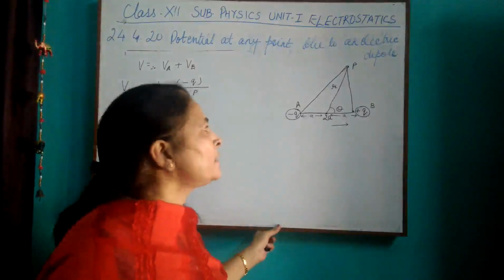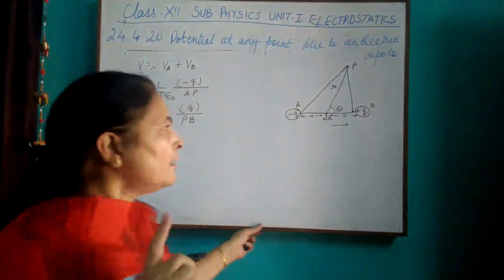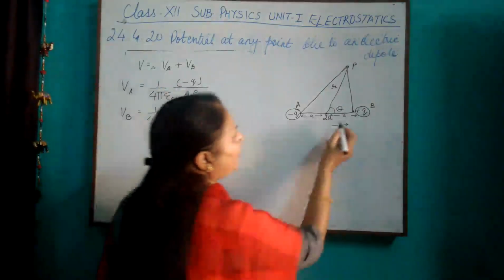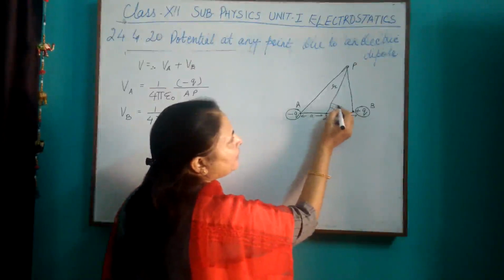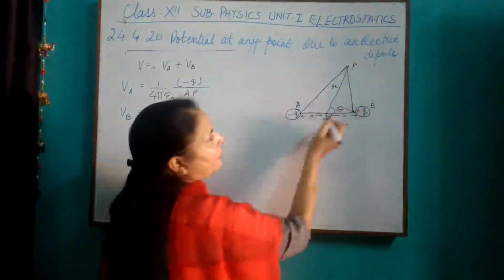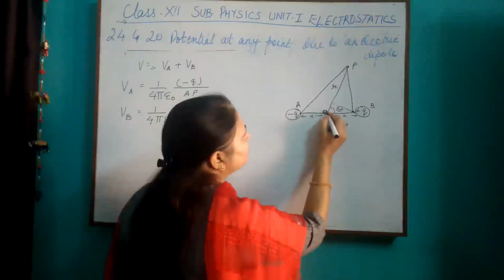Now the question arises, what is the value of AP and PB? First, what we will try is draw a perpendicular from point P on the line through O. You can take the center as say O.